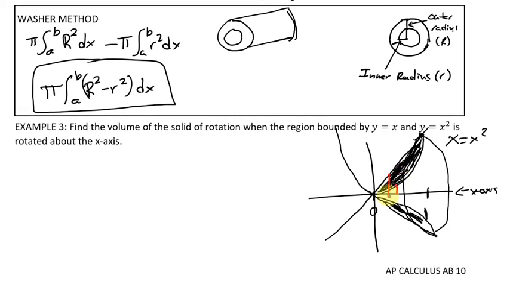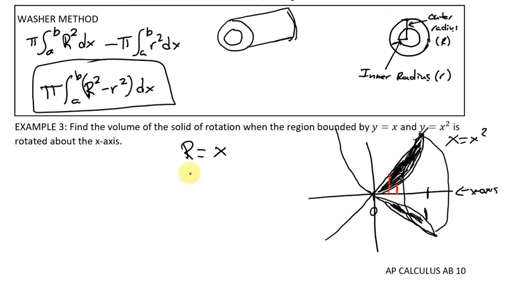So capital R is going to equal x. That is our outer radius. This distance is y equals x, so that's just x. Then our little radius is going to equal this distance, which is x squared.